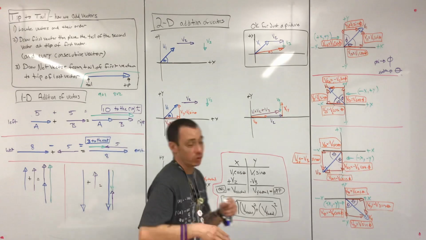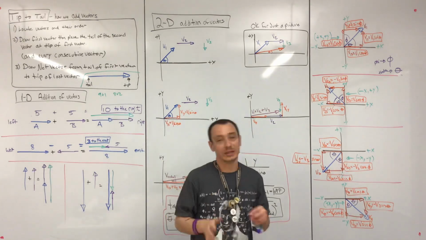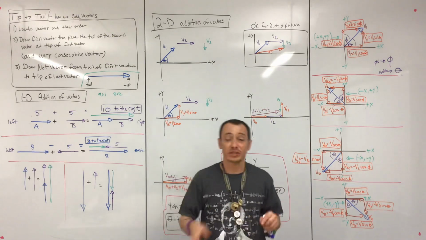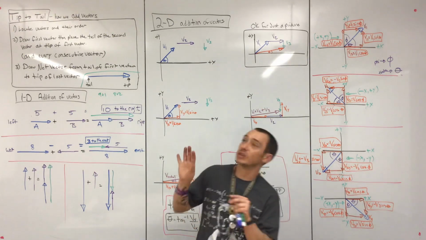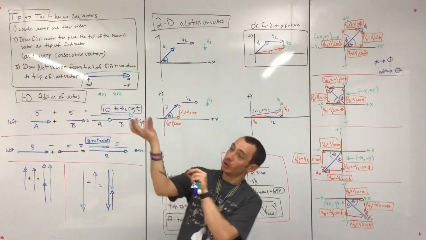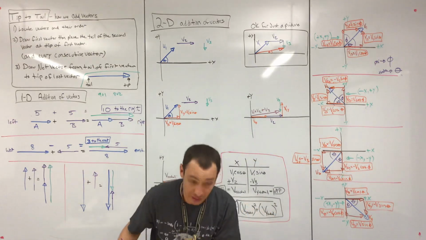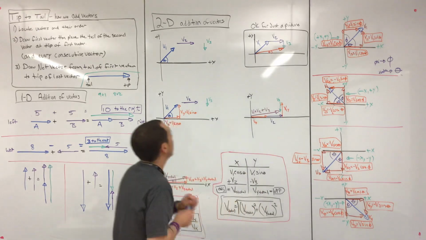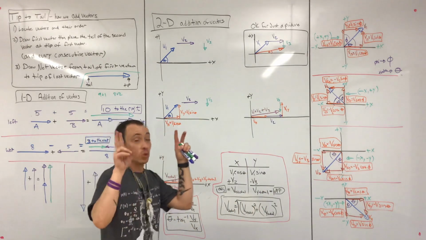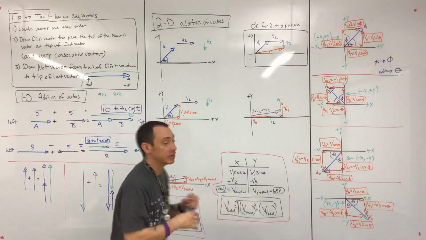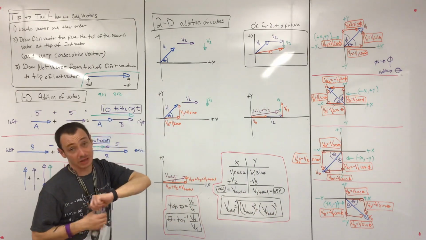Like for example, when a box goes down a ramp, the weight gets distributed. Some of it goes down the ramp, some of it's just balancing the box on the ramp, so it's not breaking through or flying off. If we just looked at the weight, we wouldn't see that. But when we break it up into the components, we see that. So that's why typically we break things up into components.